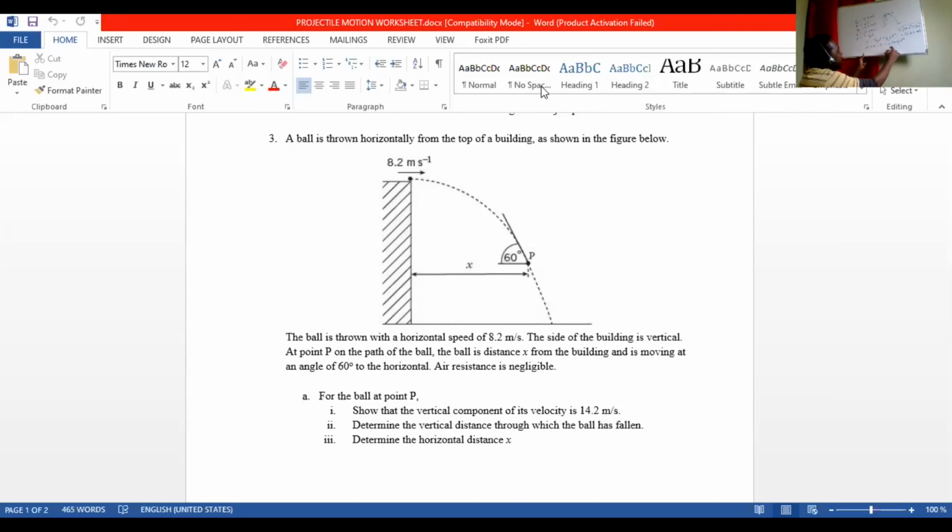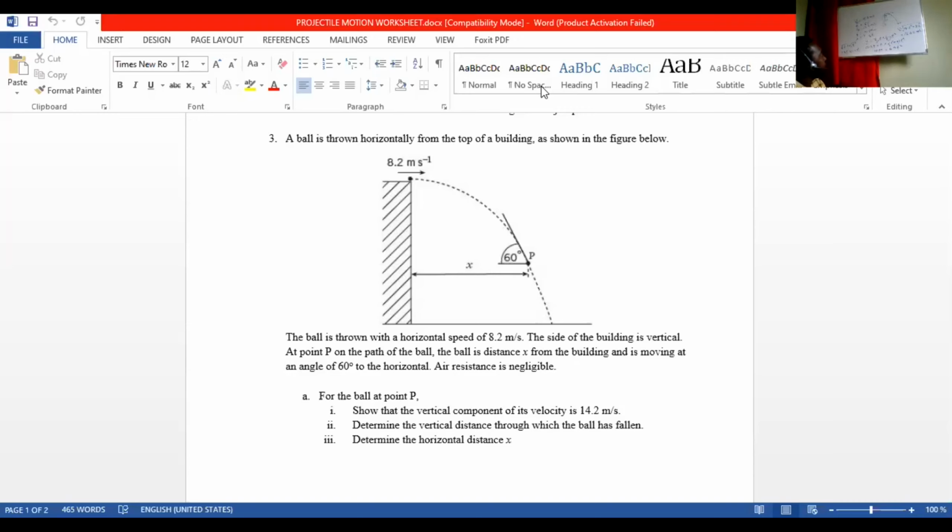Half of 9.8 is 4.9 t squared equals 10.29. So divide by 4.9 on both sides, and we get 2.1 equals t squared. So therefore, t is the square root of 2.1, which is 1.45 seconds. So the time it took for the ball to travel to point P is 1.45 seconds.